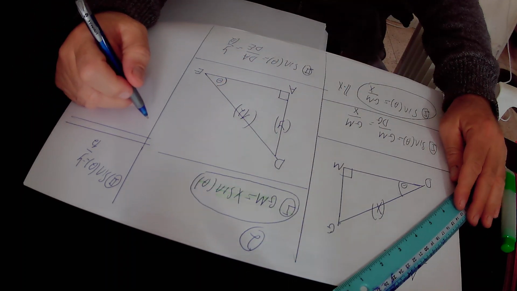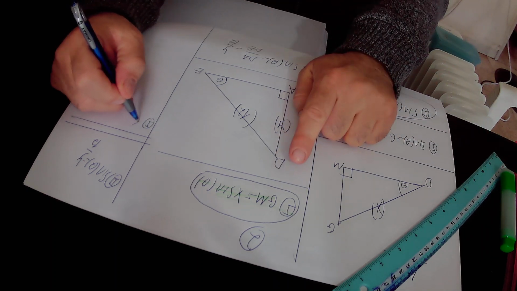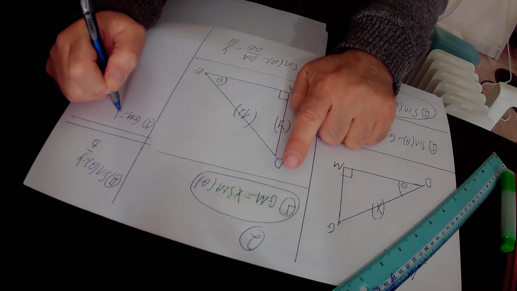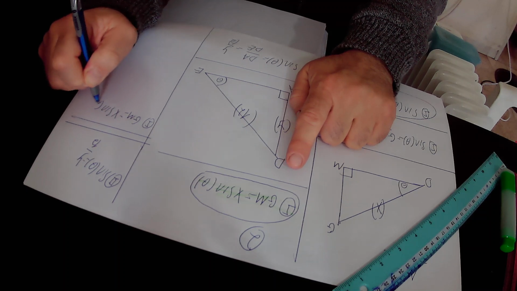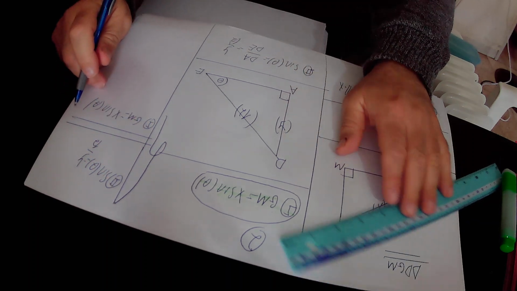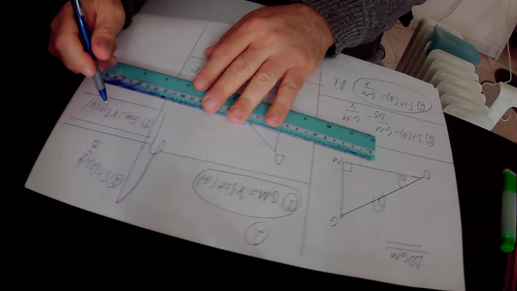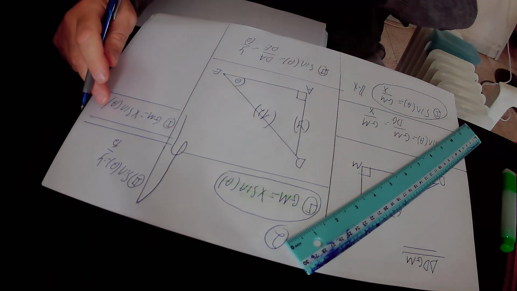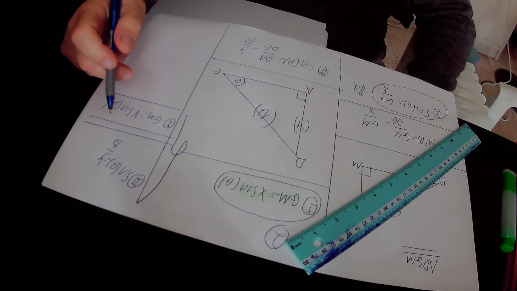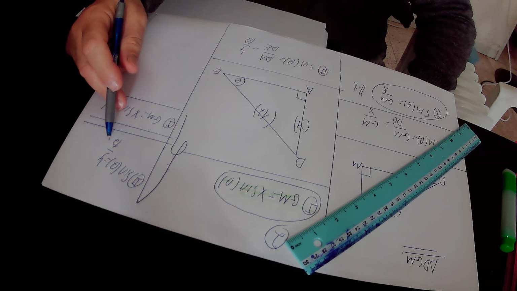But according to equation 1, we have already found out that GM equals X times sine theta. So we have here two equations with sine theta. Here we can substitute sine theta in equation 1 by y over 12 from equation 2.